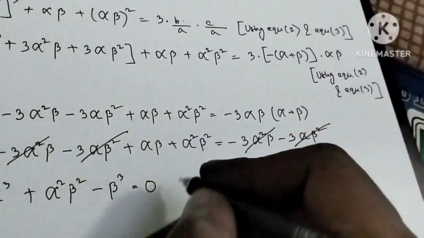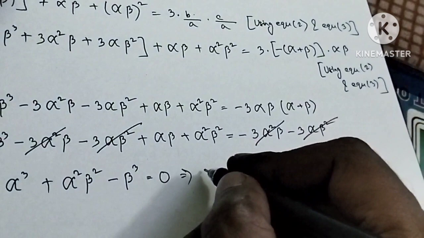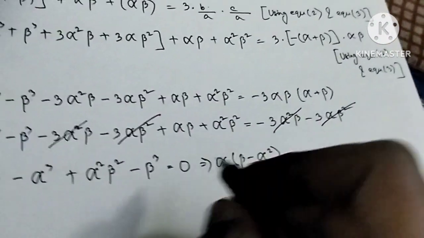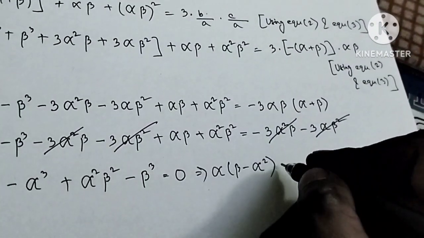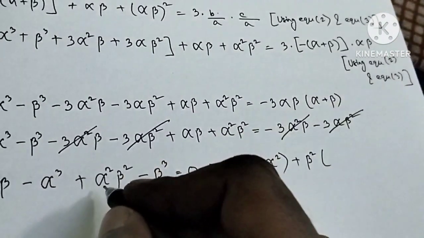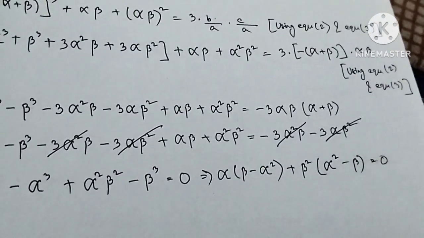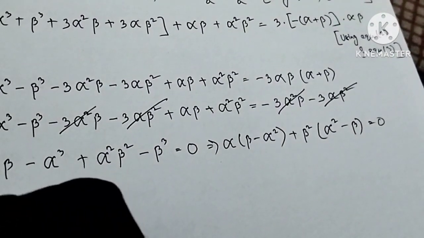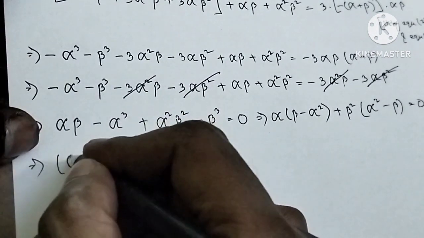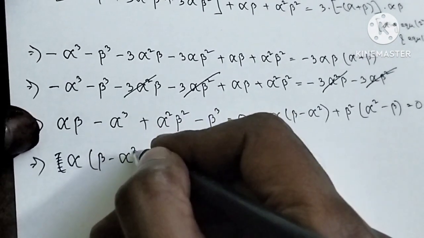From here we take alpha common, alpha into beta minus alpha square, and from here we take beta square common.